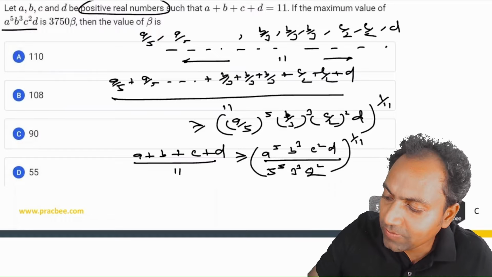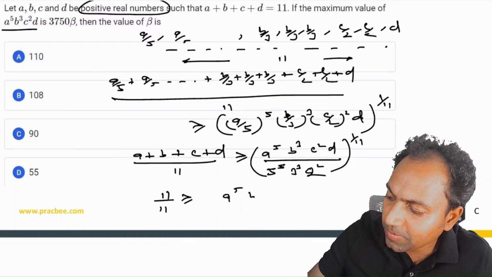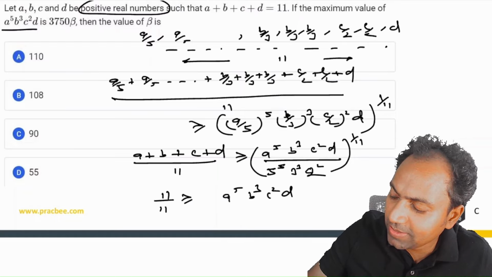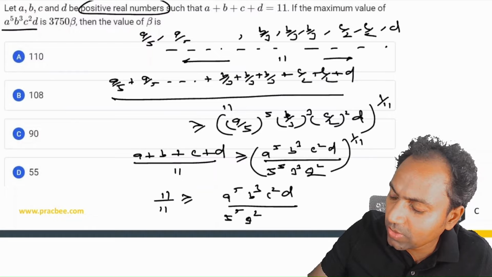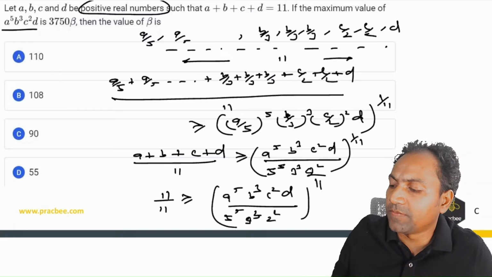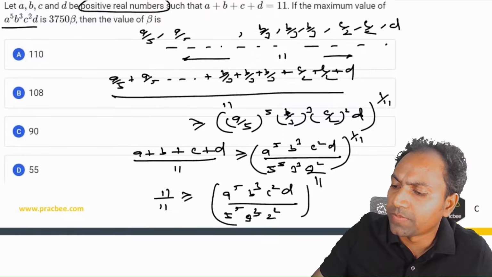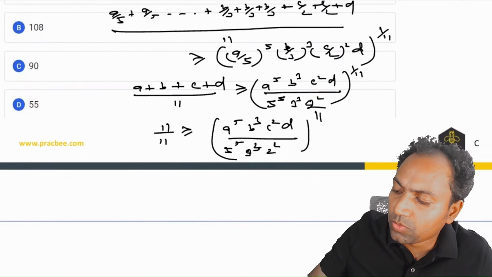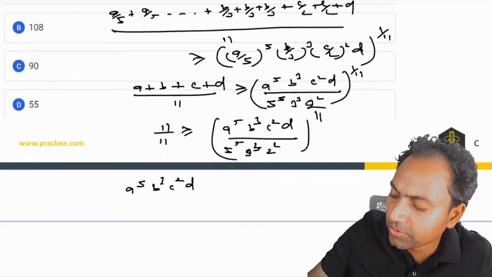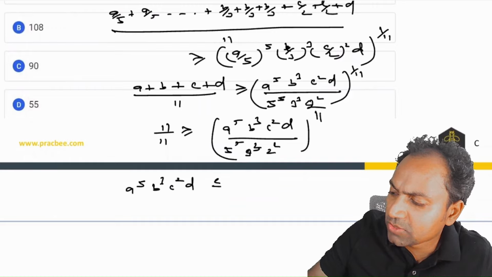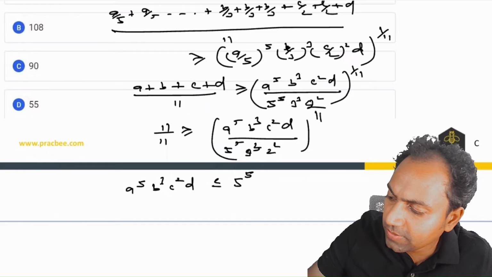And now if I put this value as 11, so this 11 by 11, a raised to the power 5 b cube c square d by 5 raised to the power 5, 3 cube, 2 square, raised to the power 11, will be smaller than or equal to 1. So the maximum value of a raised to the power 5 b cube c square into d is always smaller than or equal to 5 raised to the power 5, 3 cube and 2 square.